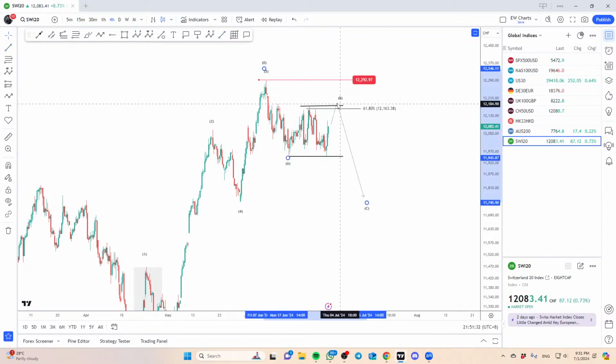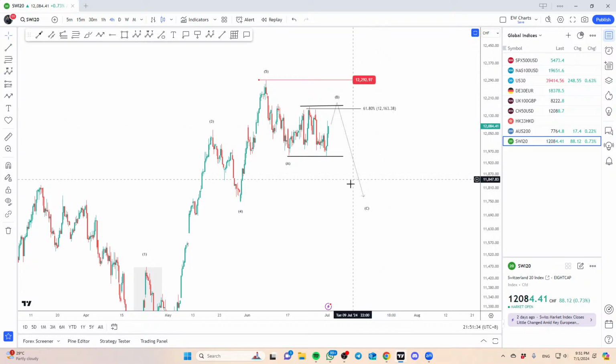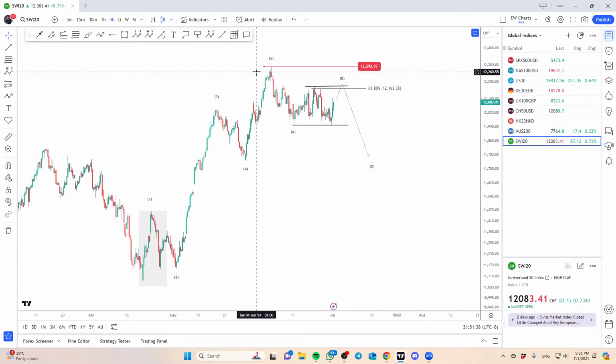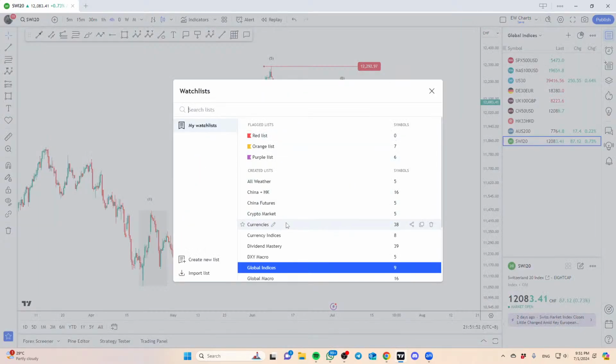Okay, so some kind of ABC structure, and then complete the correction of a 5-wave move, right? Then ABC, most of the time this ABC would then come back and retest where wave 4 is. And then after that, another push up, right? So short term here for Switzerland side of things would likely still see downside.